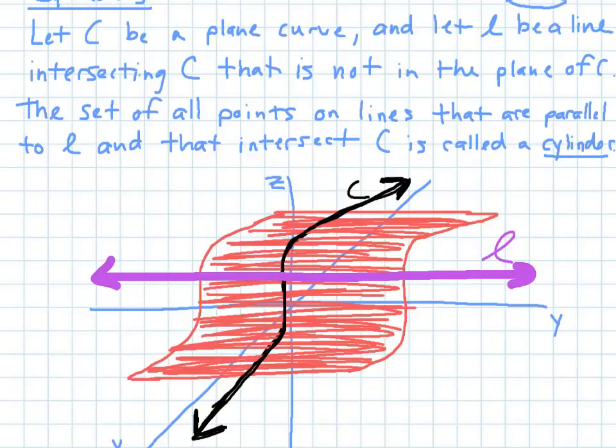What they want you to think about is if L moves around. This next part says the set of all points on the lines that are parallel to L and that intersect C is called the cylinder.